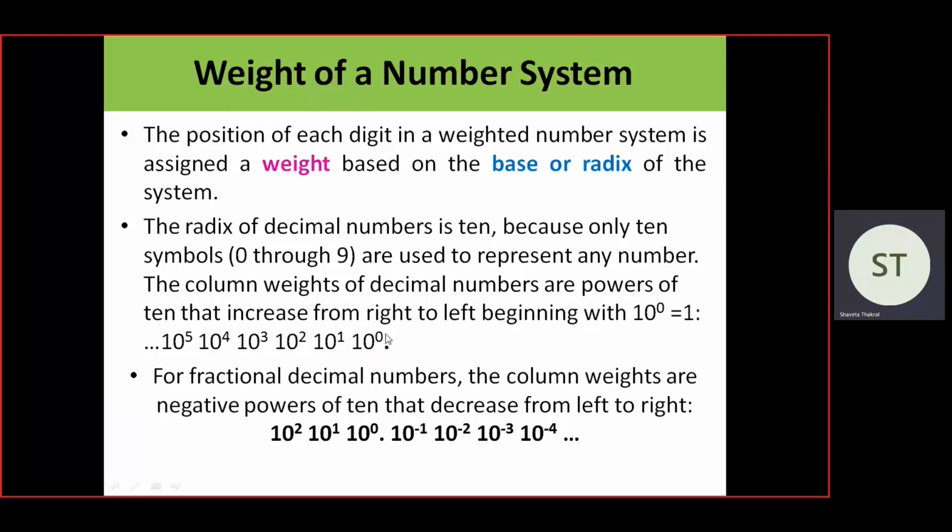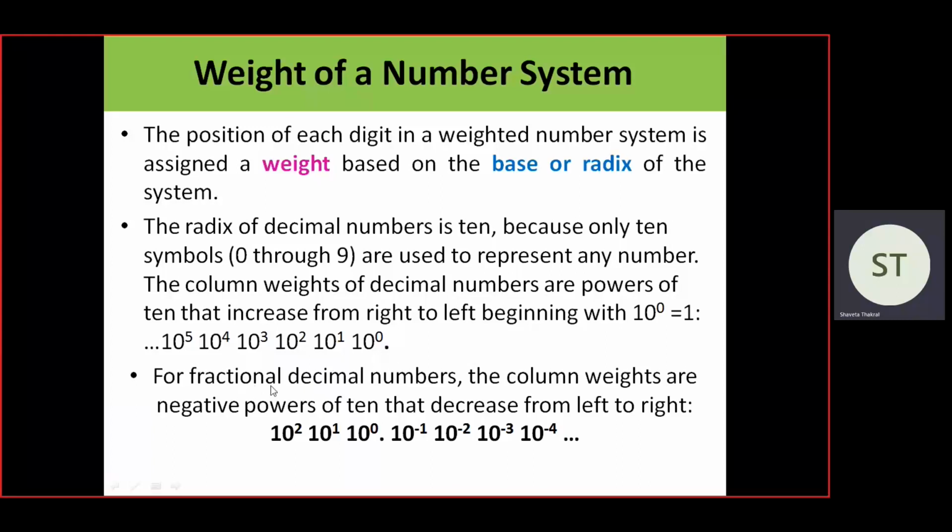That means the rightmost digit is assigned the weight 10 raised to power 0, and as we proceed from right to left the weight increases. For the rightmost digit it is 10 raised to power 0, for the next digit it is 10 raised to power 1, and so on, depending upon the number of digits in the decimal number.